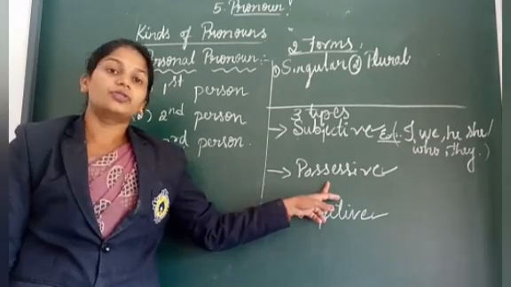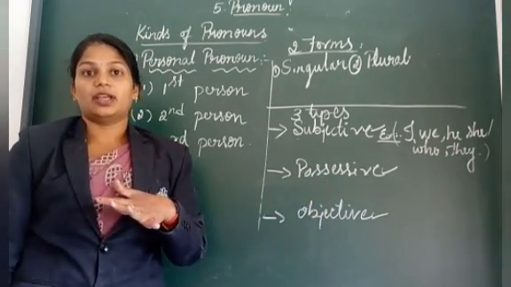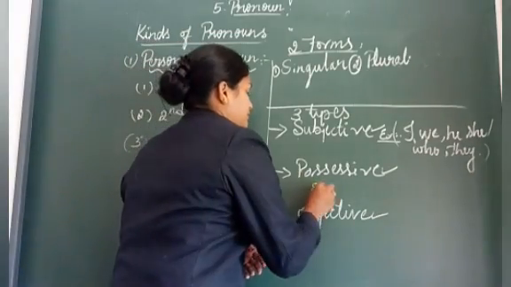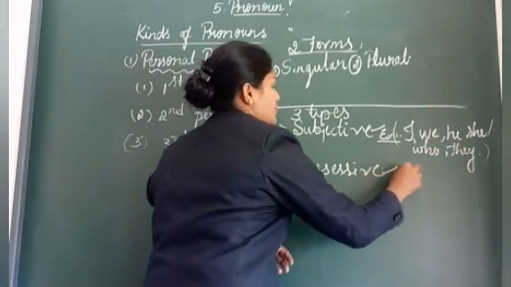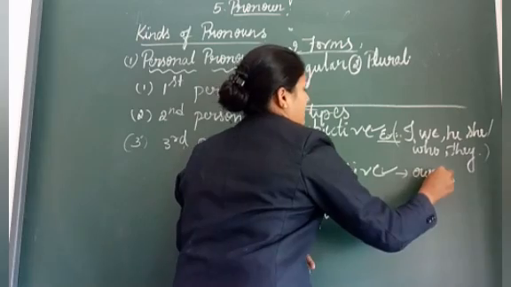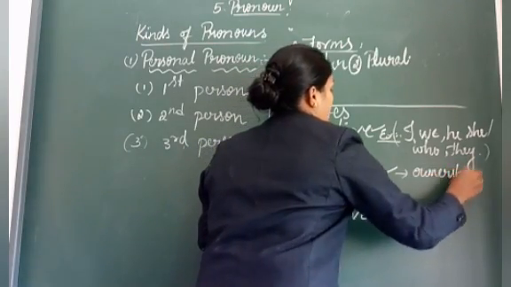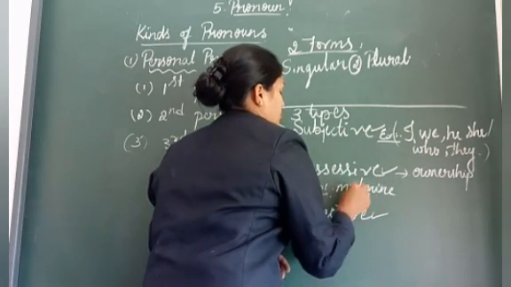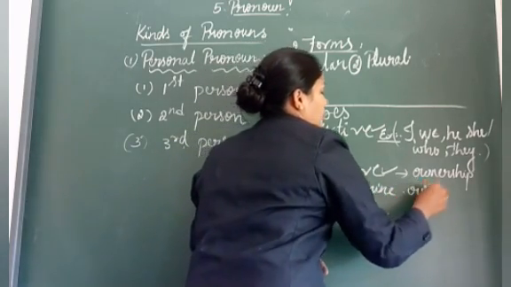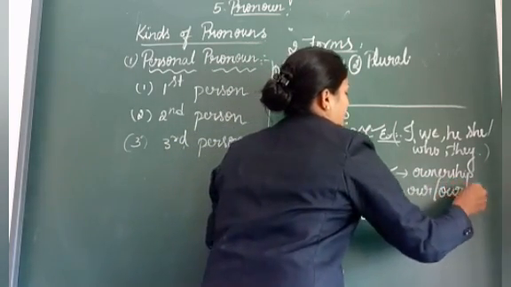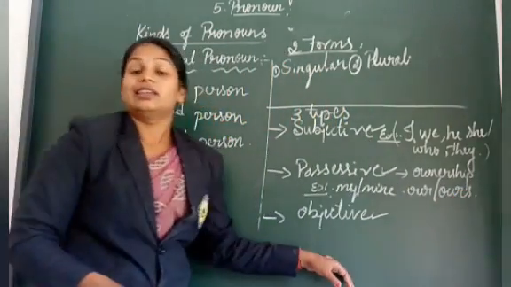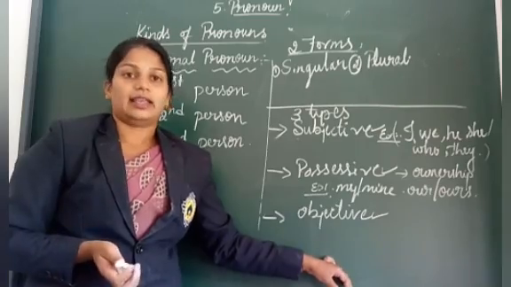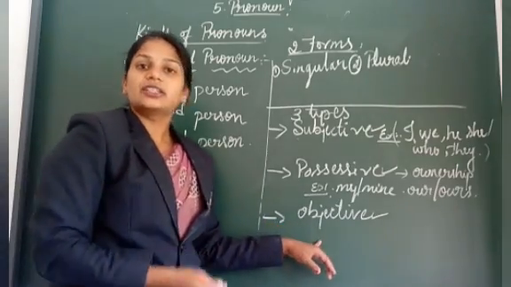It is used to show ownership. Okay, my, mine, our, ours. This shows the ownership. Then his, hers, theirs, whose, like that.